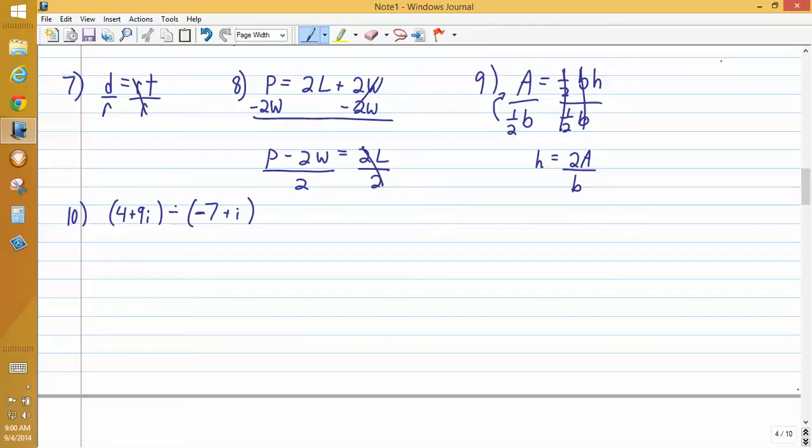So you need to distribute this negative to everything in the parentheses. So I'm going to have 4 plus 9i. Now that's going to be plus 7 minus i. Now combine like terms. 4 plus 7 is 11. And 9i minus 1i will be a positive 8i.